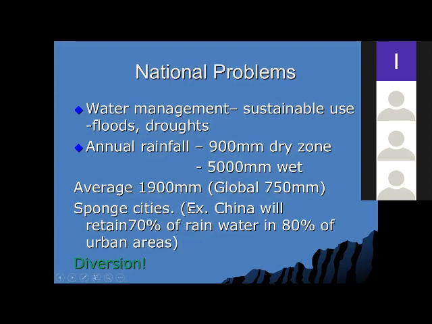Now I'm giving here China, for example, which retains about 70% of rain water in the urban areas. It's called sponge cities, right? We have wetlands. They keep them. For us, what we could do: we have more water in the west and southwest, and less rain in the northwest.